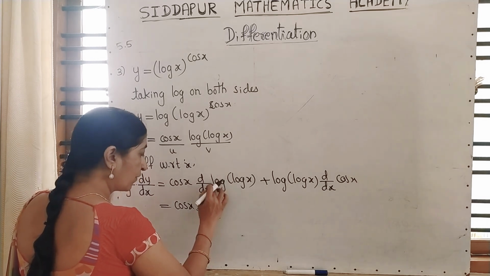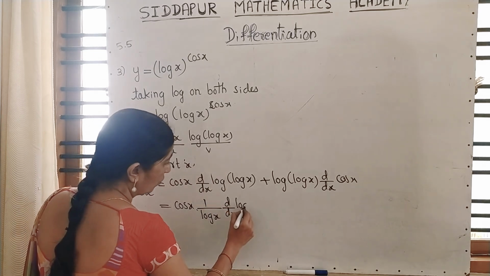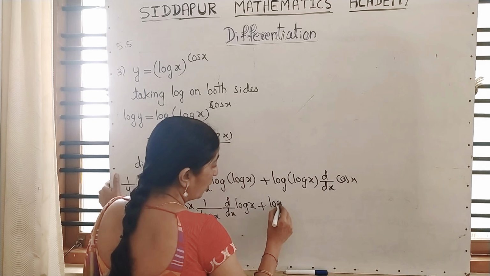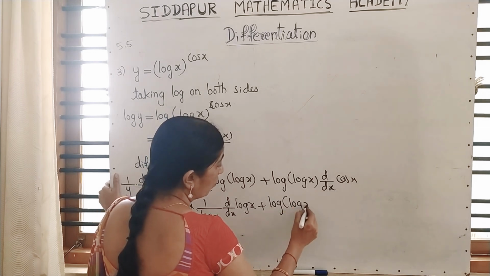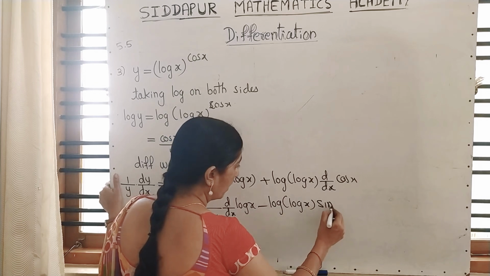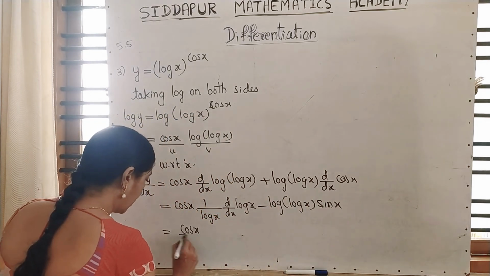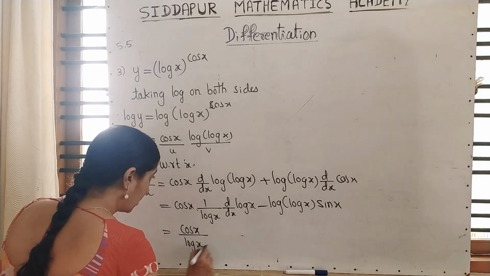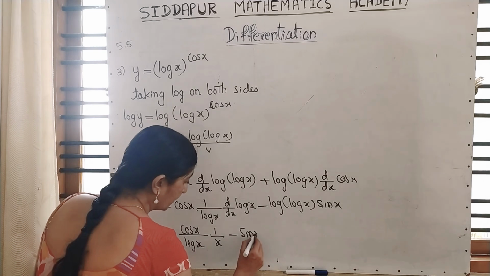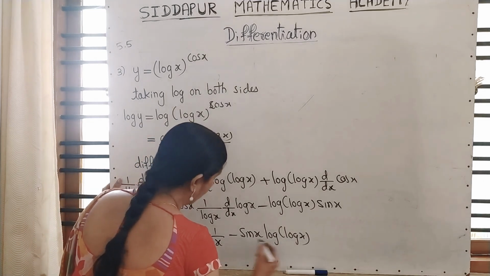First this log differentiation. When you close that log, differentiation of log x plus log of log x as it is, differentiation of cos x is minus sin x. That's why I wrote this as a minus sin x. This is cos x upon log x. Differentiation of log x is 1 by x minus sin x into log of log x.